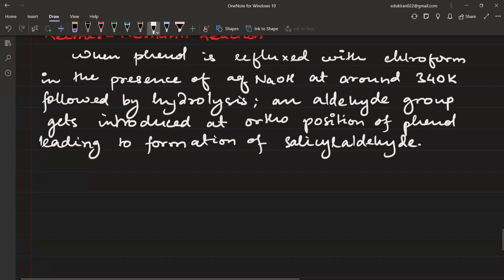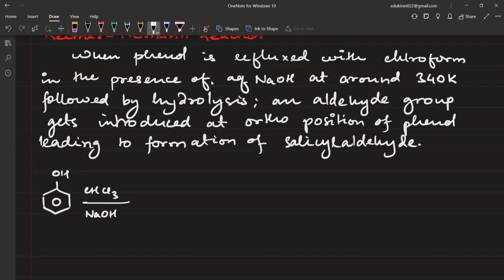What is the reaction? In the reaction, we have phenol. The first step is that we react this with CHCl3 in the presence of NaOH, and you can also write heat here.